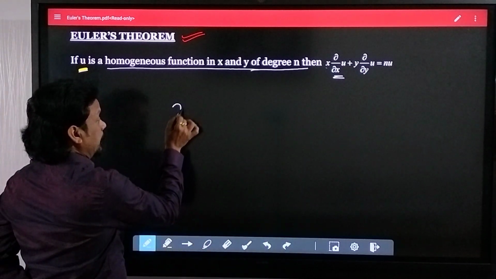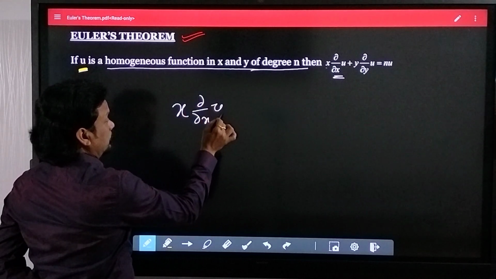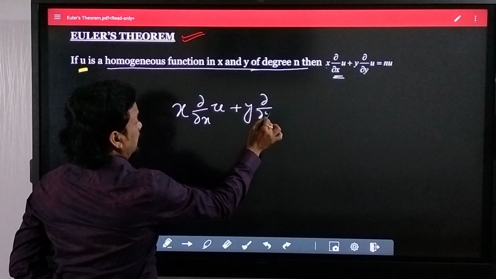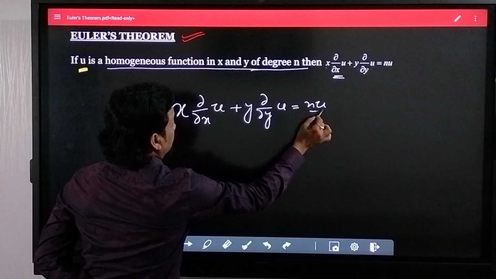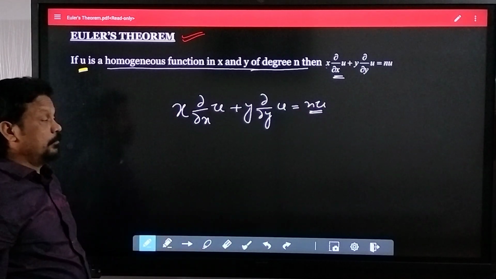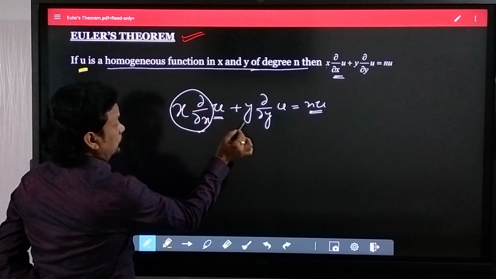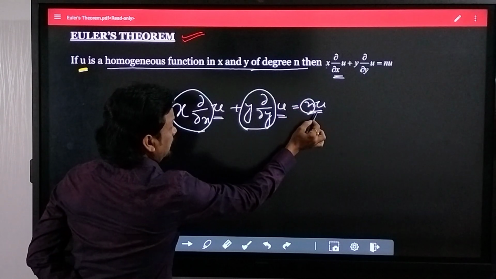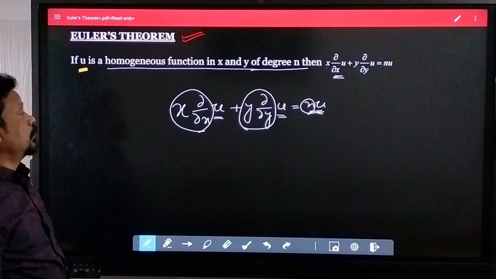Again see here, x into del u by del x plus y into del u by del y is equal to n into u. That is, x into del u by del x plus y into del u by del y is equal to its degree into the given function. Okay, this is Euler's theorem.